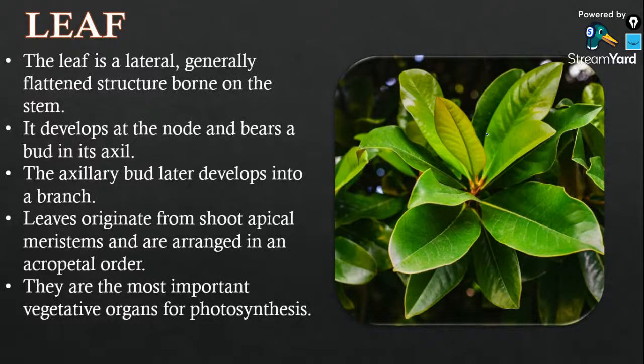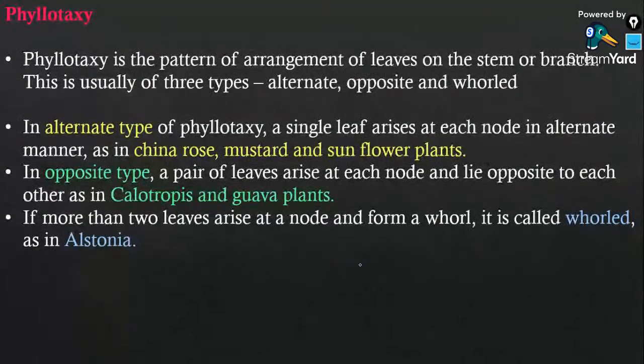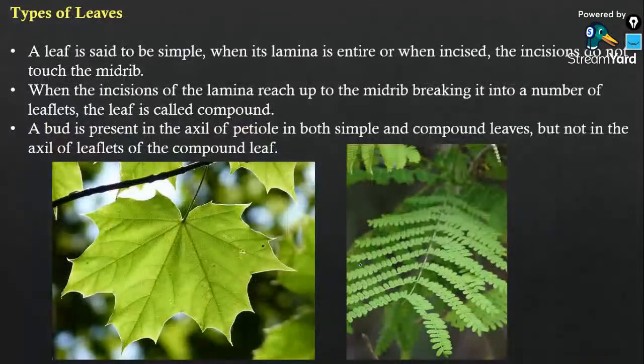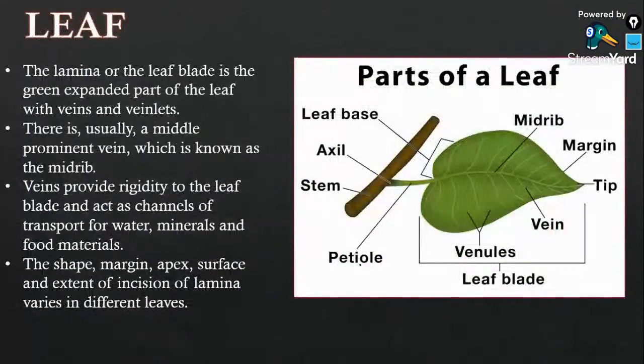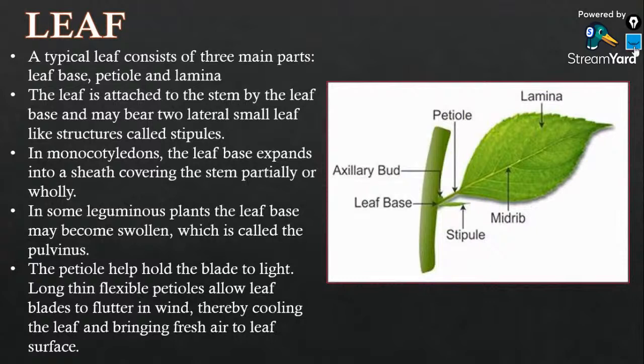Yes, older leaves are at the bottom and the younger leaves are towards the tip of the plant. Clear? I will show you the image for that. I will show you the exact original specimen, maybe by tomorrow or day after tomorrow.